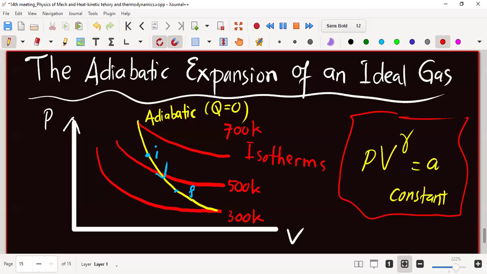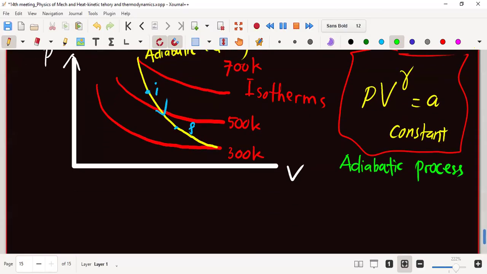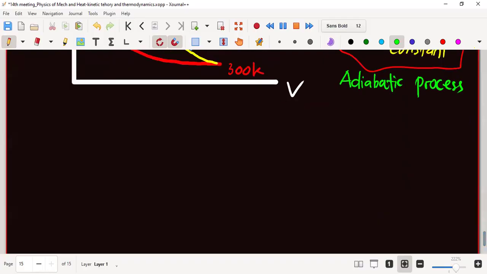Adiabatic process. Okay, this one is the property of the adiabatic process. And we can write that initial pressure times initial volume to the power gamma is equal to final pressure times final volume to the power gamma.